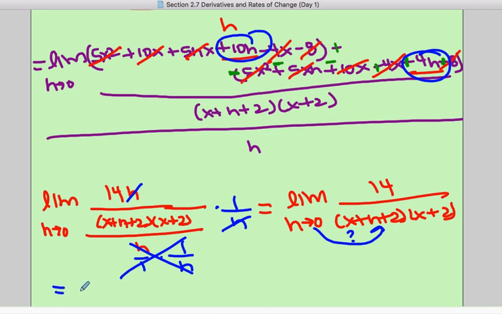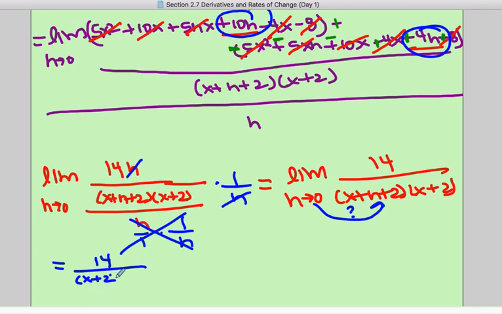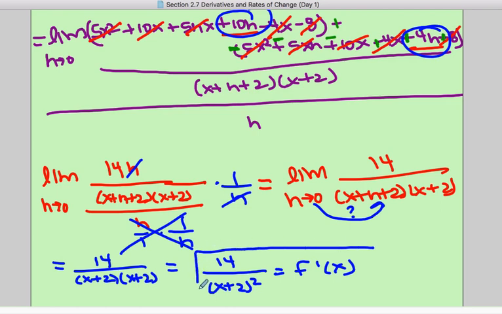So this equals, plugging it in, so I'm not writing limit, 14 over x plus 2 times x plus 2. It's okay to write it that way, but usually if you have x plus 2 times x plus 2, you're going to write it as x plus 2 squared. And this would be my derivative function for my rational.